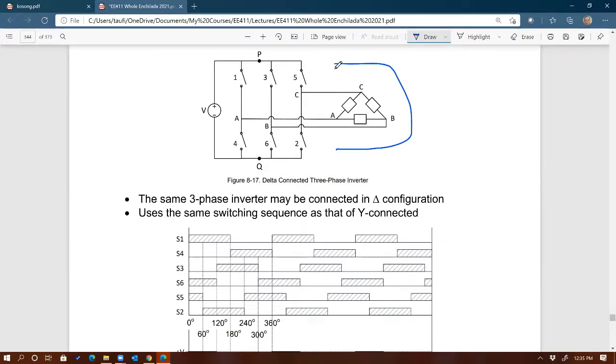But when I teach 212, for example, same as Y, in a lot of textbooks they draw it this way, of course, so that it is clear that it is a Y connection, like that. And delta, you can see the way I draw it looks exactly like delta.